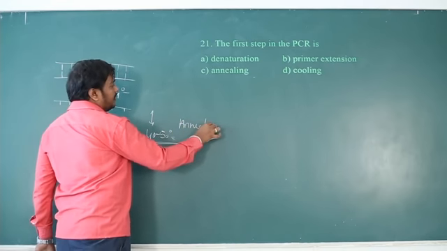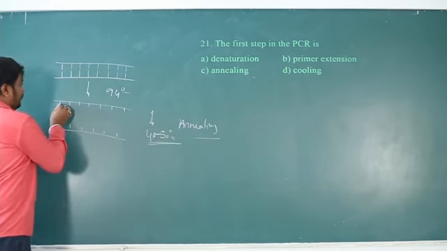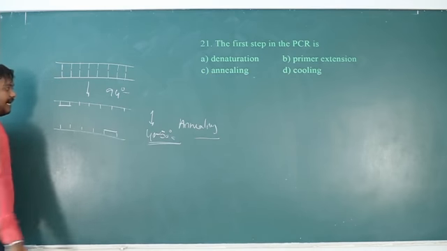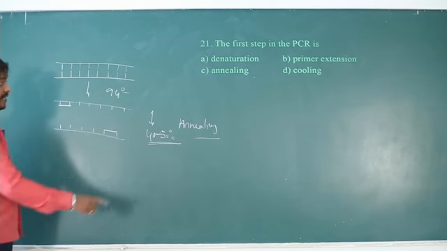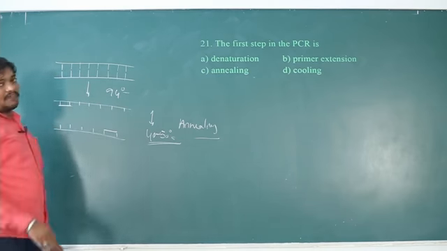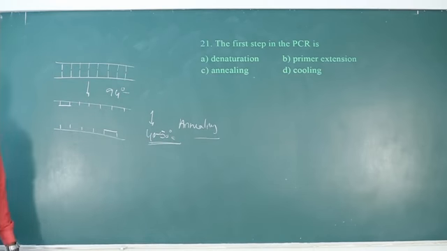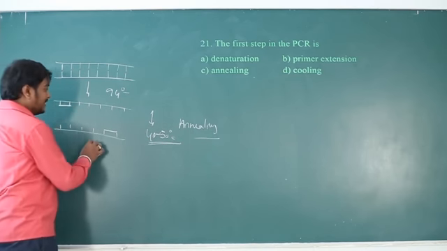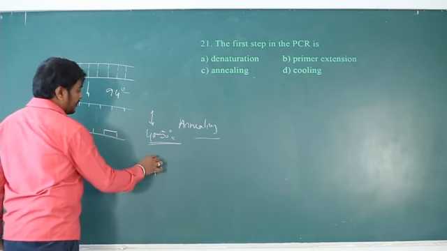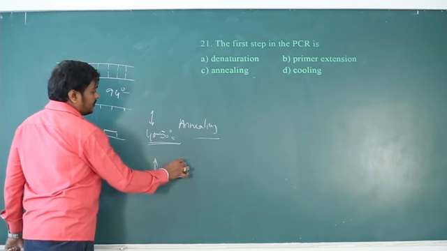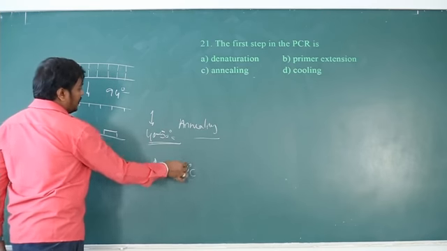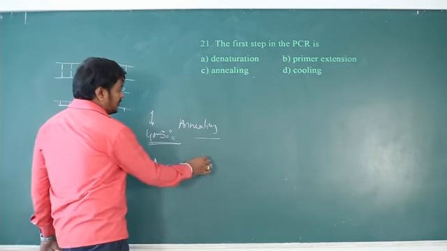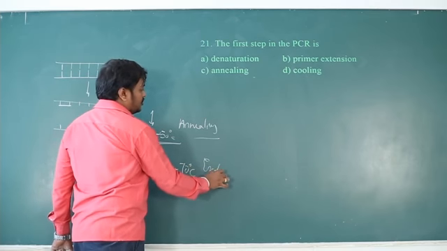During annealing, the forward primer and reverse primer are added on both the strands at annealing temperature. After the primers are added, the temperature is raised again to 60 to 70 degrees centigrade. This is called the extension temperature.